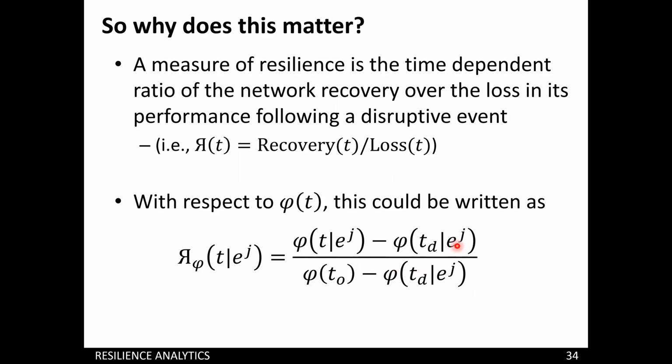And then to what extent is restoration taking place? That's recovery at a particular point in time, right? So a measure of resilience could be, and this is just one approach, the extent of recovery at time t divided by the amount of loss occurring as the initial drop in performance.